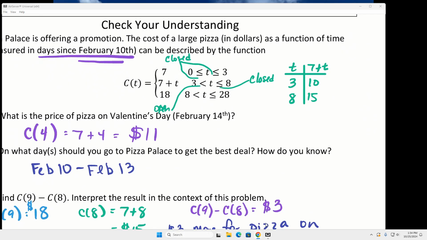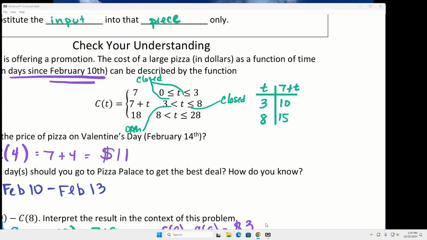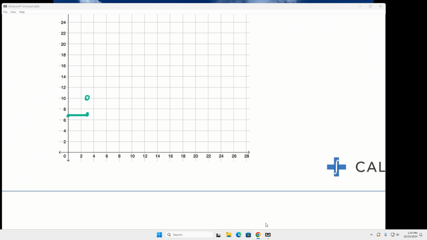Alright, so at the point (3, 10), we're going to have an open circle. And then at the point (8, 15), we're going to have a closed. And then those are going to be the endpoints of your little line segments. And that's it.